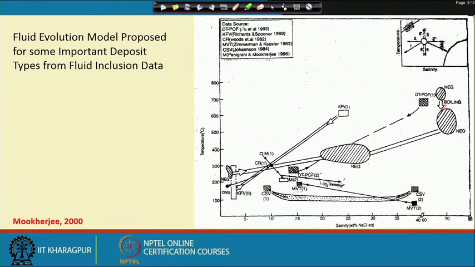The one with this kind of hatching, labeled as NEG, is the New England batholith in Australia, where there is occurrence of tin tungsten mineralization.